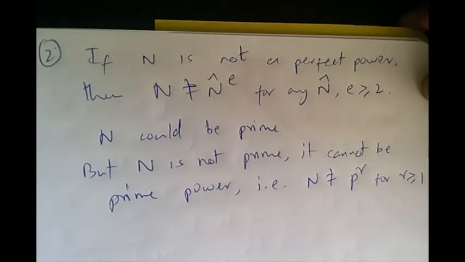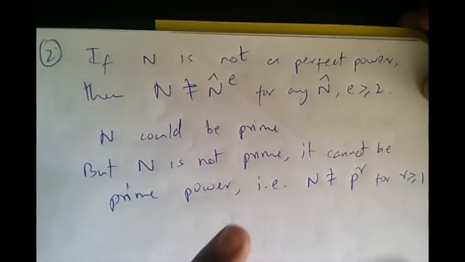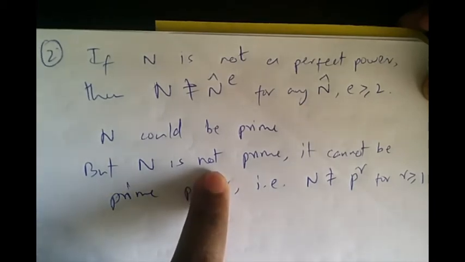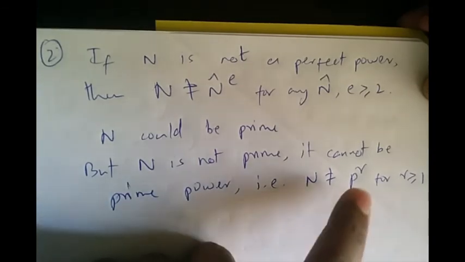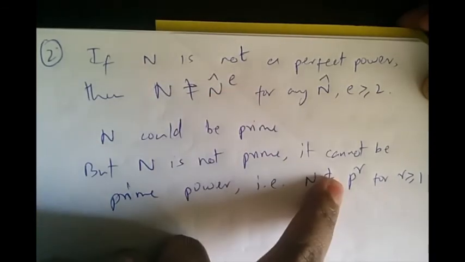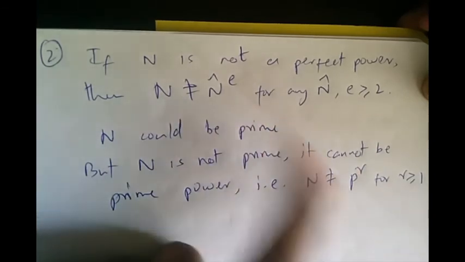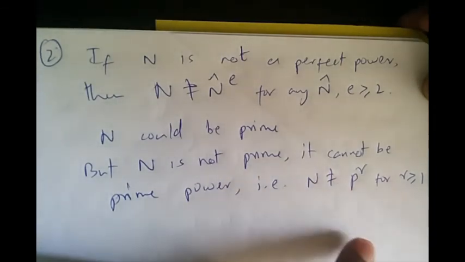N could be prime, and then we actually don't care about that case, because if n is a prime, we don't care about the number of strong witnesses, because we are only worried about identifying composite n. But if n is not a prime, it is a composite number, then it cannot be a prime power, that is, it can't be of this form. Because if it were of this form, this algorithm for checking all the eth roots, from e going from 2 to the bit length of n, would have identified p and r.